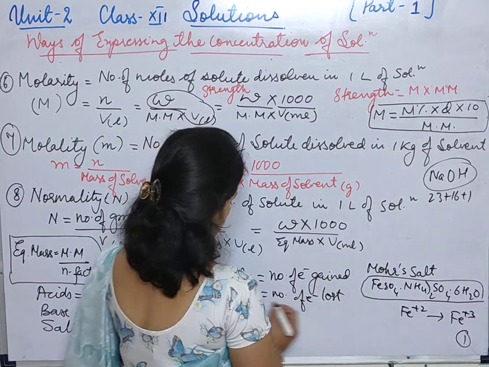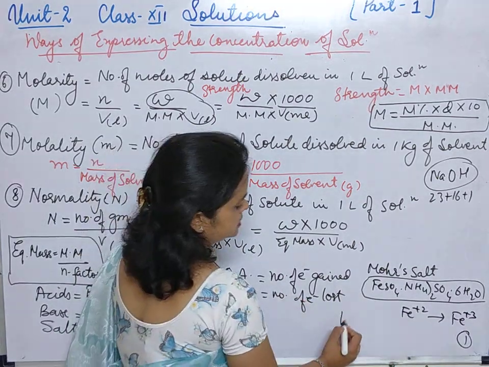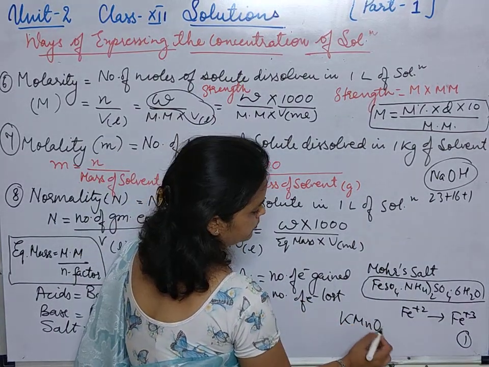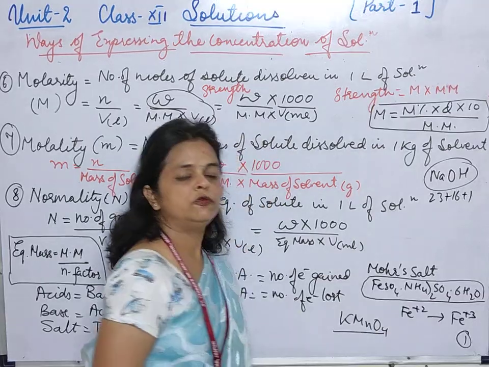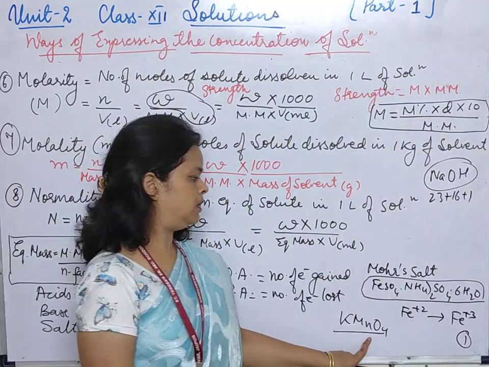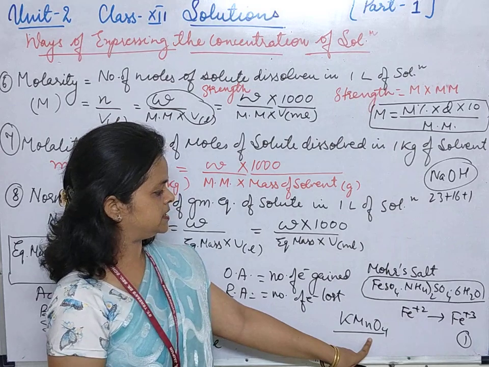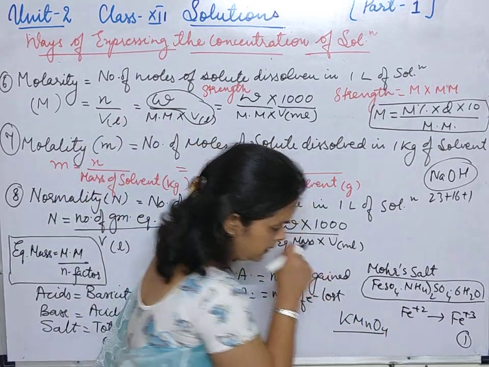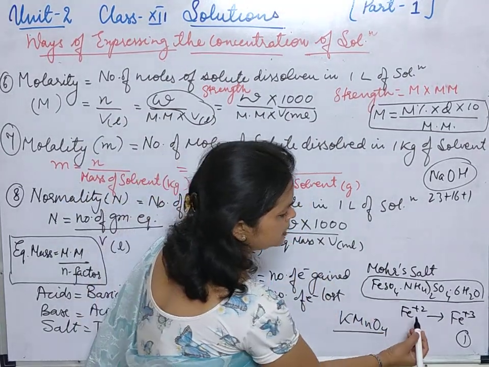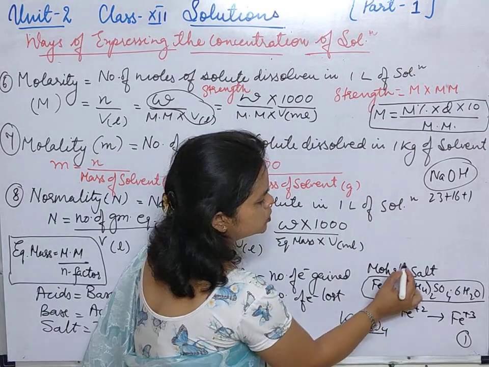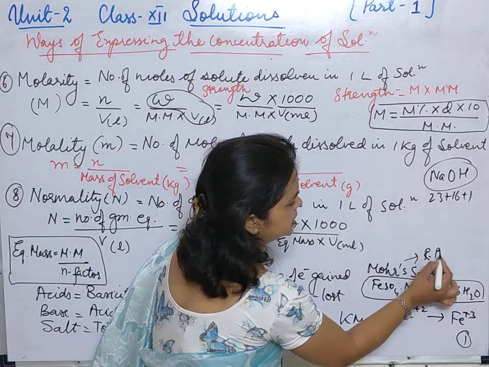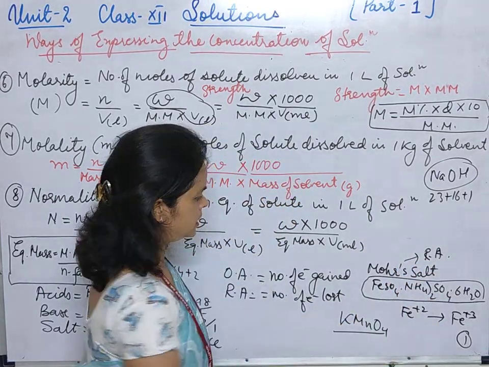ओके. अगर आपको रिड्यूसिंग एजेंट का निकालना है, suppose KMnO4. KMnO4 it is working as an oxidizing agent. यहाँ पे देखो, this more salt was working as reducing agent क्योंकि इसका ऑक्सीडेशन हो रहा था.